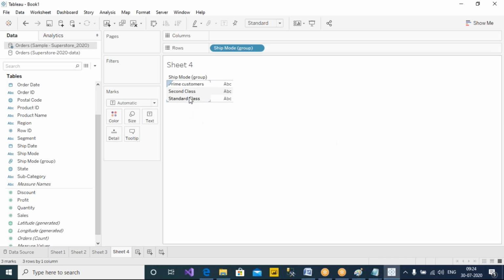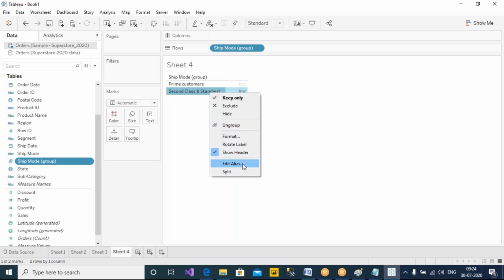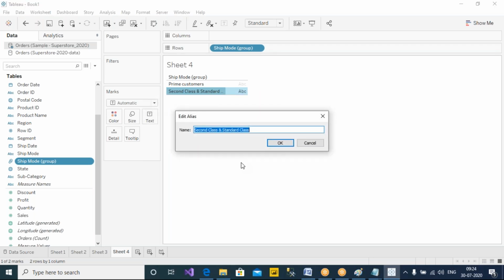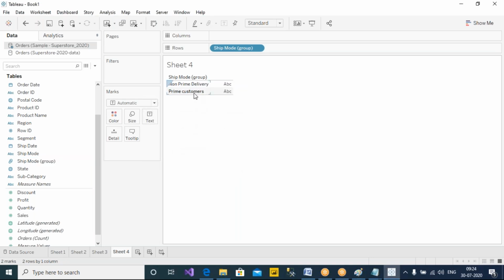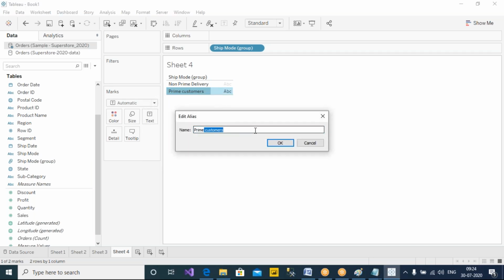And for the second two, I want to create a group, click on this icon again, and rename that using an alias. And here we'll say non-prime. Okay, delivery, so it is not the customers. Let's put delivery as the name here. So edit alias and then Prime delivery.